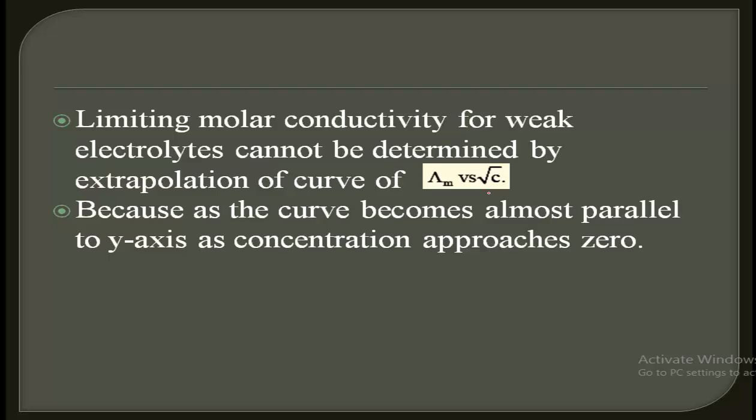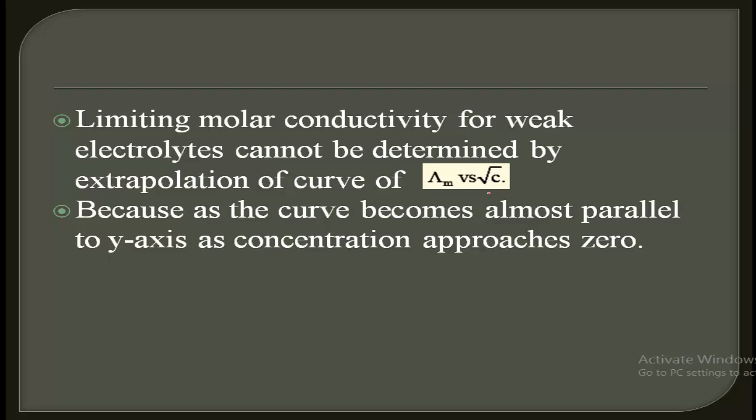When we plot the graph of lambda m versus square root of c for weak electrolytes, in the previous video you have seen the plot of lambda m versus square root of c for acetic acid. There you have got the curve.